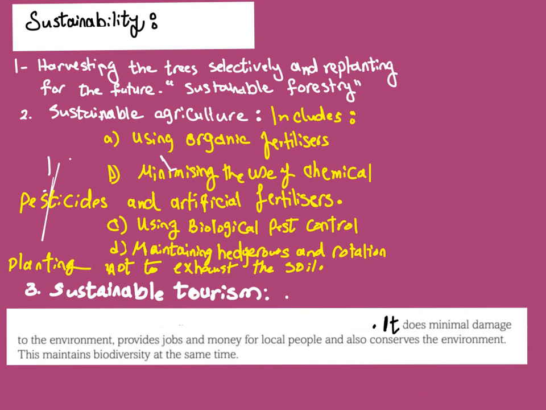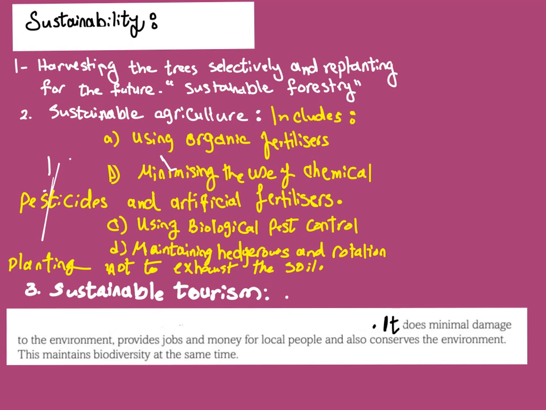Sustainability: how to get a sustainable environment. We are going to classify sustainability from 3 points of view: sustainable forestry, sustainable agriculture, and sustainable tourism. Sustainable forestry is to harvest trees selectively and replant them for the future. 2, sustainable agriculture.